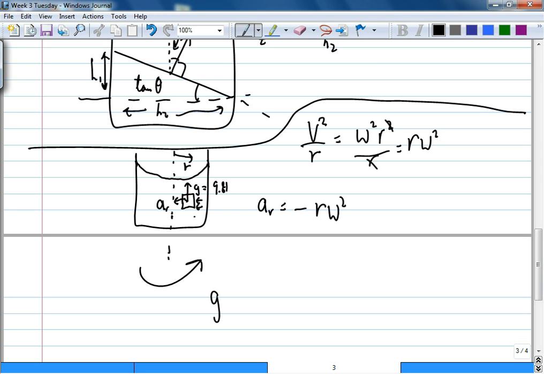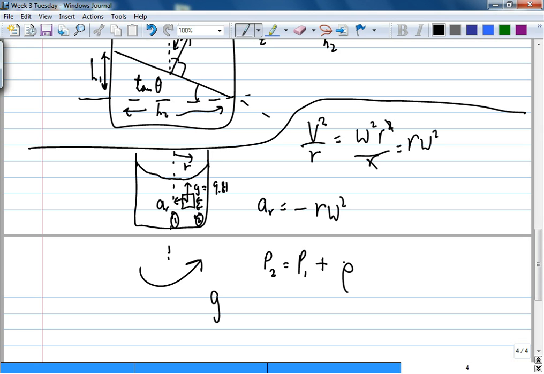The pressure difference between point 1, some point on the center line, and point 2 is P2 equals P1 plus rho times, well, we normally use rho GH, but our G is R omega squared, and we can't just multiply by H, we have to do dr, an integral from 0 to R. This distance is R. It's rho GH, but our G is not constant because the rotational acceleration is not constant.